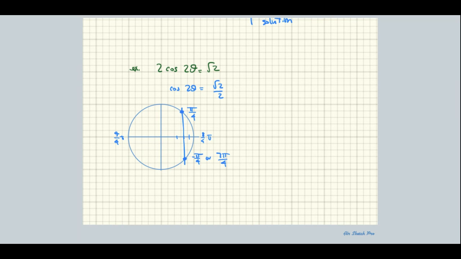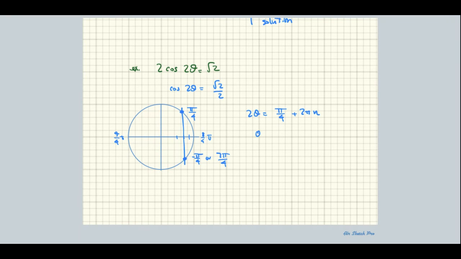So here we go. Watch this. This is really cool. This is how it works. 2 theta equals pi over 4. Okay? Now here's where you add in the multiples. Plus 2 pi n. Got that?